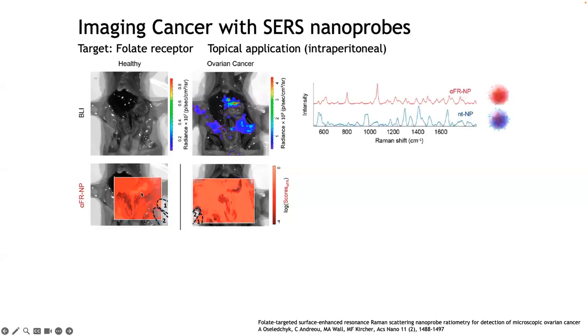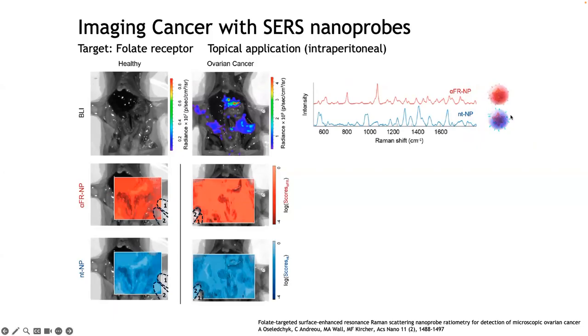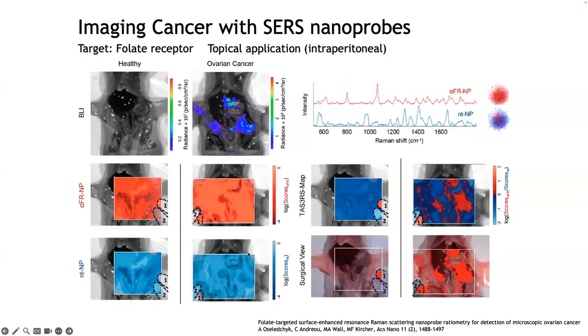So what can we do? We use two different contrast agents. Same nanoparticles, different reporters, different targeting molecules. The red one is targeted against the folate receptor. The blue one is non-targeted, just has PEG on it. And then in a single scan, we get a complicated spectrum. We analyze it. We get one image based on the targeted, one image based on the non-targeted. We divide the one by the other.